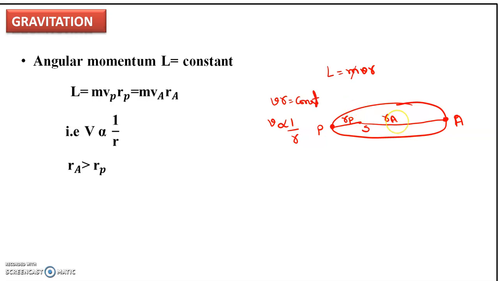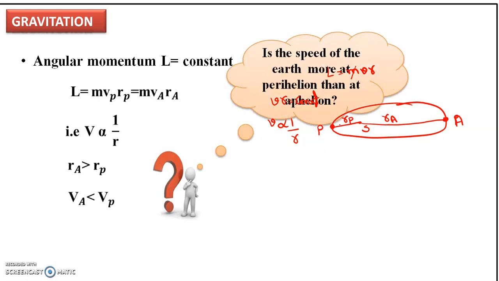Here RA is greater than RP. Velocity is inversely proportional to R, so RA greater than RP means VA is less than VP.